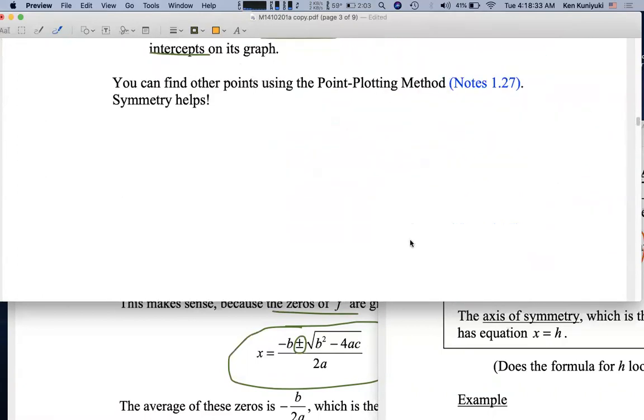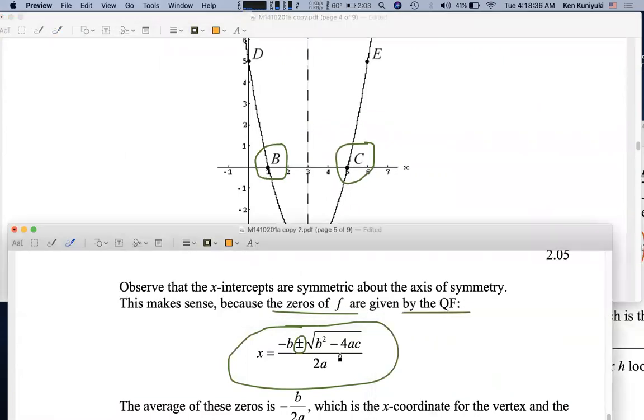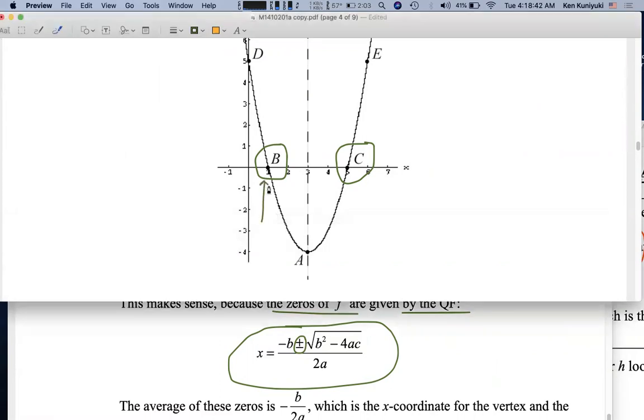So the deal is that the quadratic formula gives us 2 cases, a plus case and a minus case. One case would give us 1, the other case would give us 5. What's the average of 1 and 5? It is 3, the x-coordinate of the vertex.